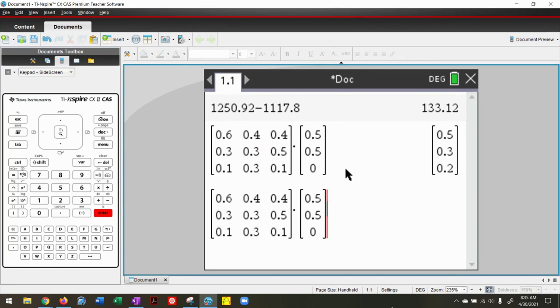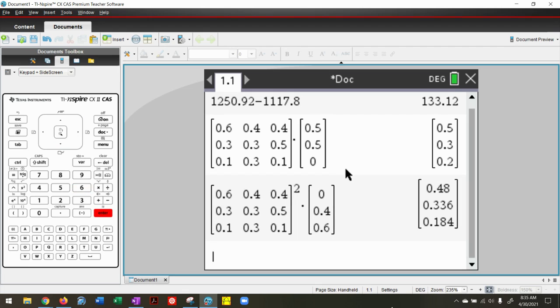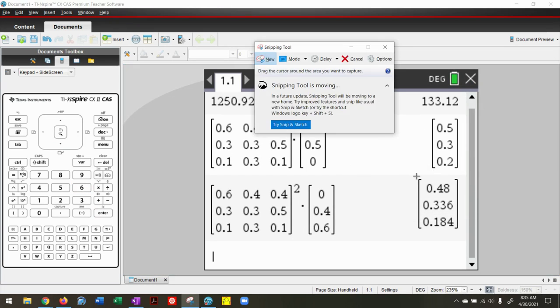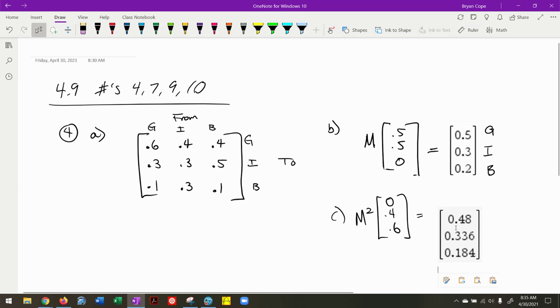So M squared times 0, 0.4, and 0.6 gives us this state vector. So our answer for the good would be there's a 48% chance of there being good weather on Wednesday. That's our good weather spot.